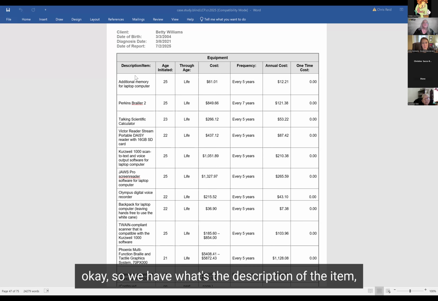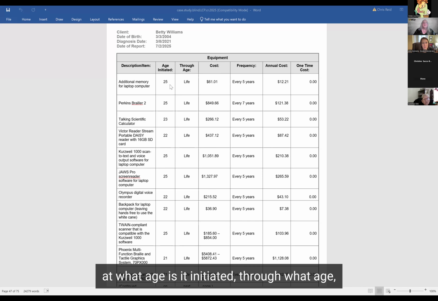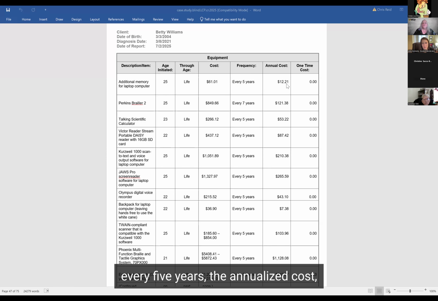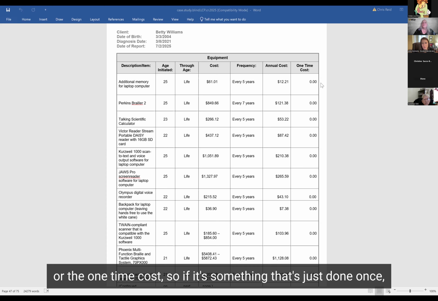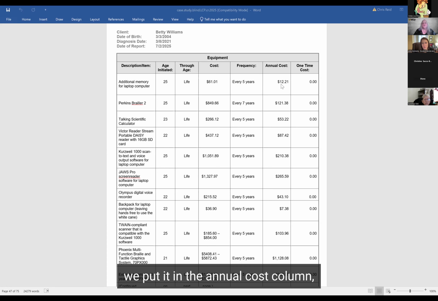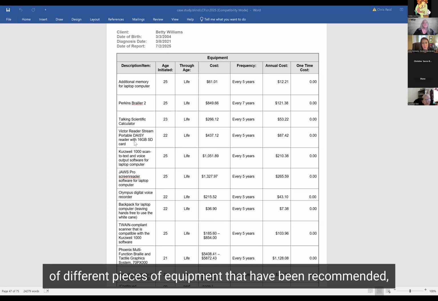Okay, so we have what's the description of the item, at what age is it initiated, through what age, what's the cost, how often is it needed? In this case, every 5 years, the annualized cost, or the one-time cost. So if it's something that's just done once, it would go in this column. If it's done, say every 5 years, we put it in the annual cost column. Okay, and we see a whole bunch of different pieces of equipment that have been recommended.